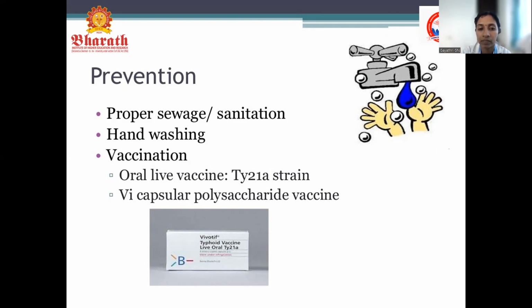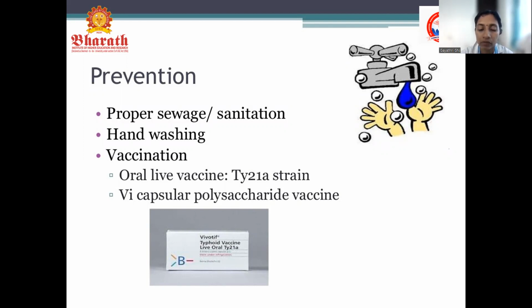And vaccines are available for typhoid. An oral live vaccine is the Ty21a strain. Typhi oral, it is called. So this oral live vaccine is present like an oral capsule, and it will be taken as 4 doses on every alternate day for a week.